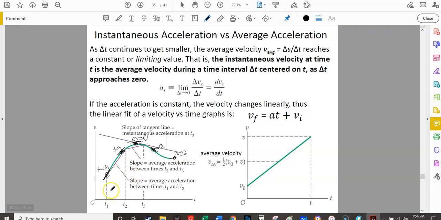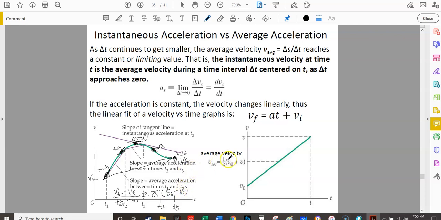Well, your average acceleration is going to be where your initial velocity vector was, and let's say over here is your final velocity at that point. Your average acceleration is just your final velocity minus your initial velocity over, let's say this occurs at t5 and this is t1, t5 minus t1. So this would be your average acceleration over that 5 second minus 1 second mark.